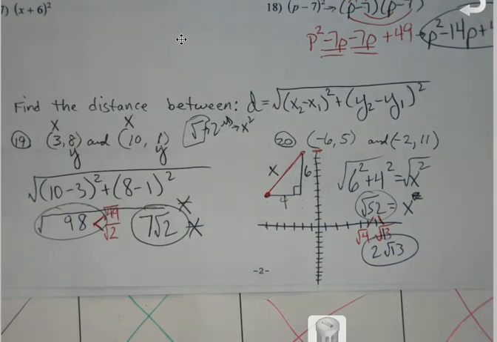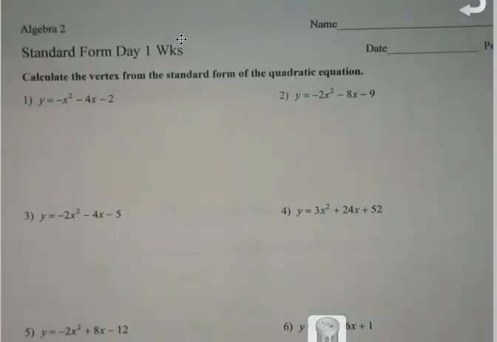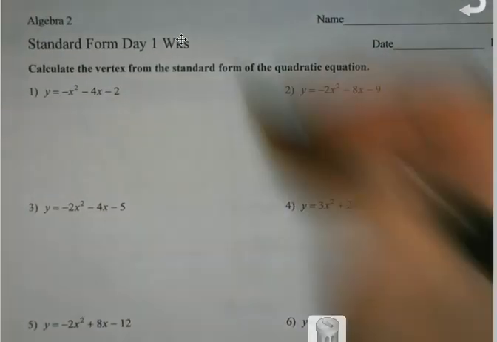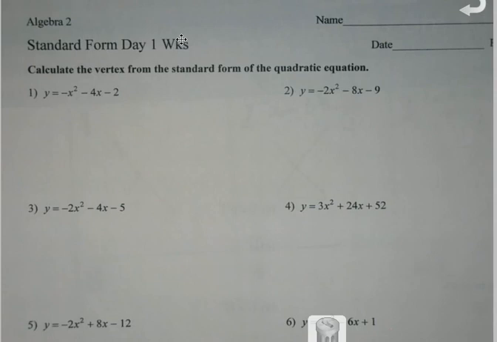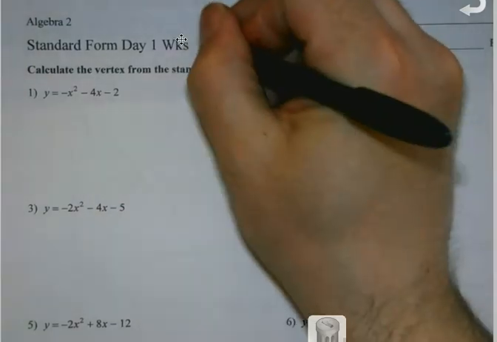So your job in all of this is on the other worksheet, which basically has the exact same stuff on it that we just did here. It's almost like a replay of it. Okay, calculate the vertex. Keep your note sheet available, but here's your big one.